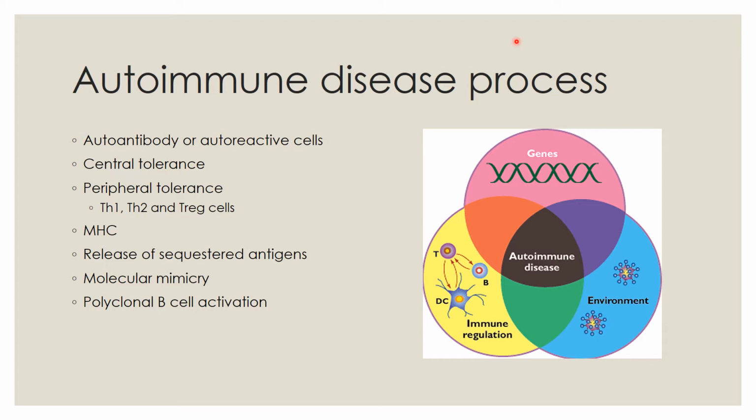So if there's a close fit of a foreign antigen that also happens to have a relationship or some kind of similarity with self-antigen, again, here's where autoimmune disease can become a problem.